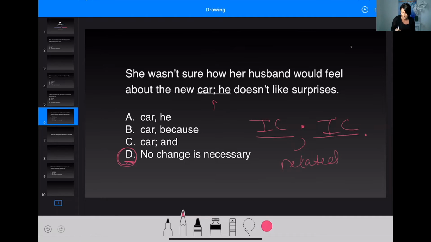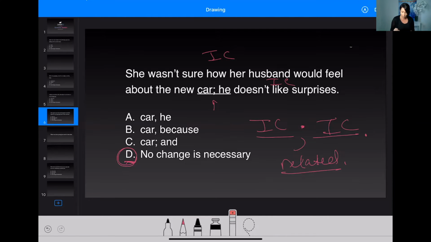And in this case, they are. You have, she wasn't sure how her husband would feel about the car. She's talking about her husband and all that. And then you say, he doesn't like surprises. Notice that she wasn't sure how her husband would feel about the car is an independent clause, and he doesn't like surprises is also an independent clause. So the semicolon is used correctly.